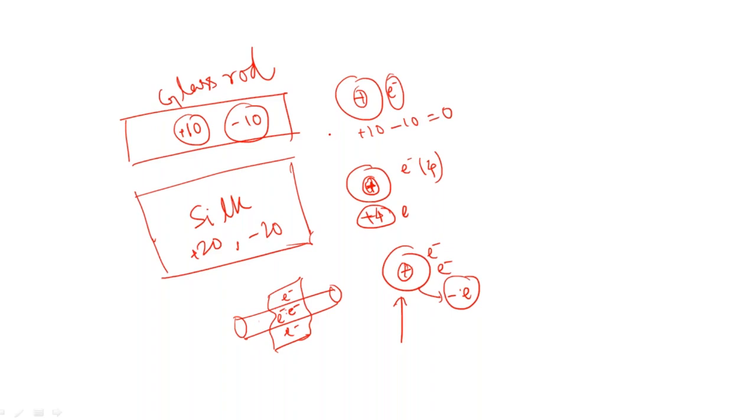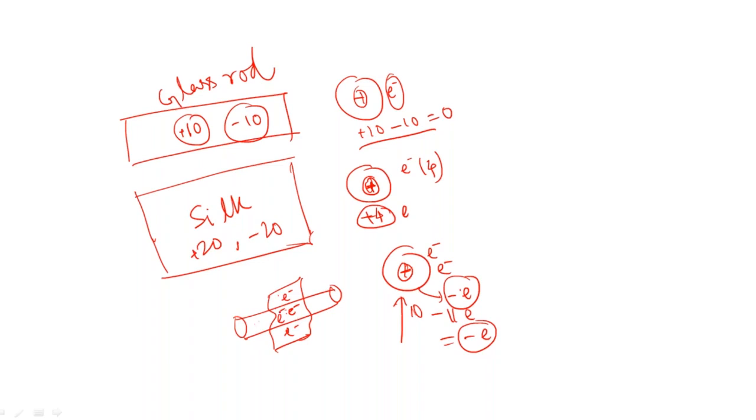Earlier, in the case of a neutral atom, the positive and negative charges nullify each other. Suppose there are 10 positive charges and 10 negative charges, they nullify, so the effective charge is 0. There is no excess charge. But when I add one electron, with the positive charge the same at 10, there are now 11 negative charges. So there will be one excess electron.